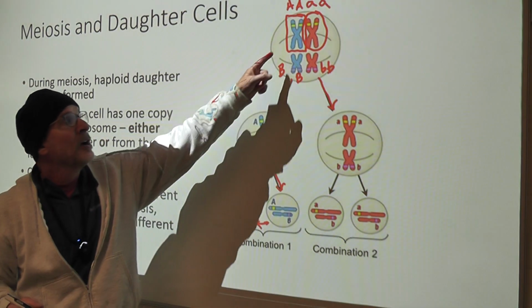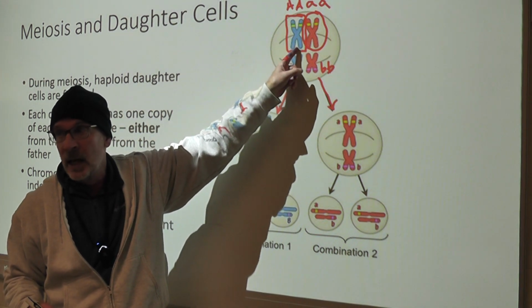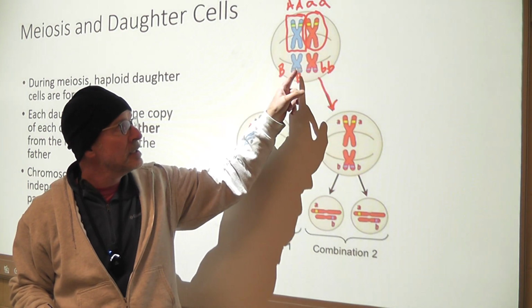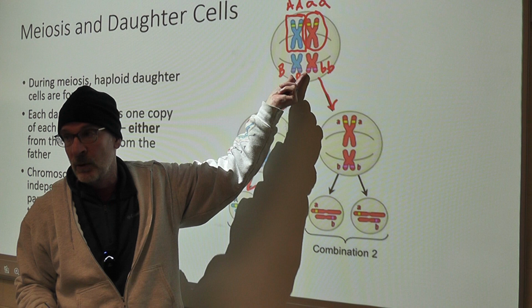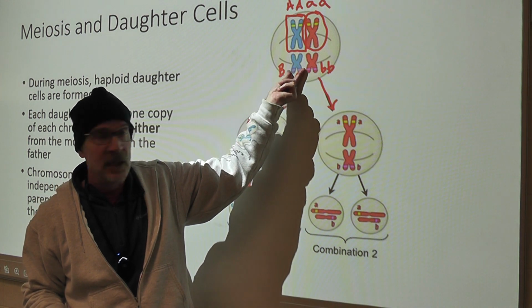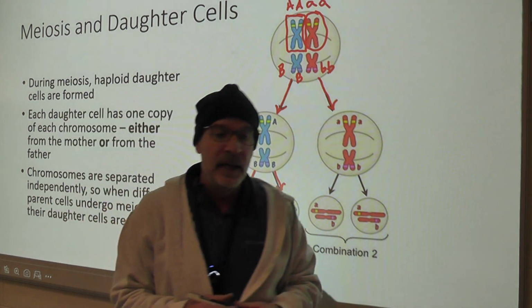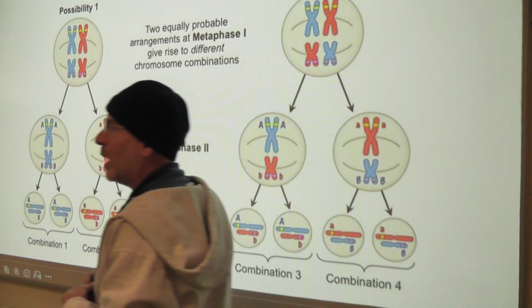So if we have a dominant allele lined up on the left for chromosome 1 and a recessive allele on the right for chromosome 1, that does not necessarily mean that the dominant alleles will be down here on chromosome 2. They won't necessarily be lined up with dominant alleles on the left and recessive alleles on the right. In fact, 50% of the time, it'll line up the other way.